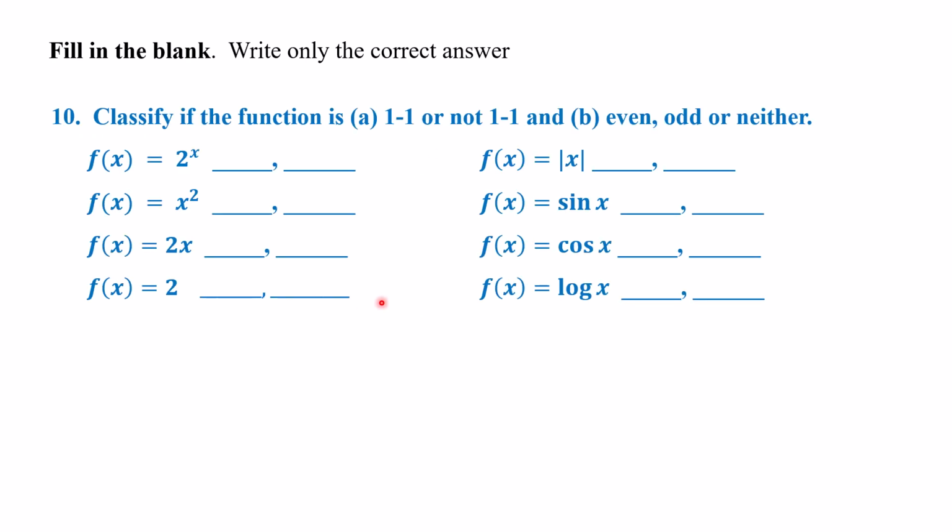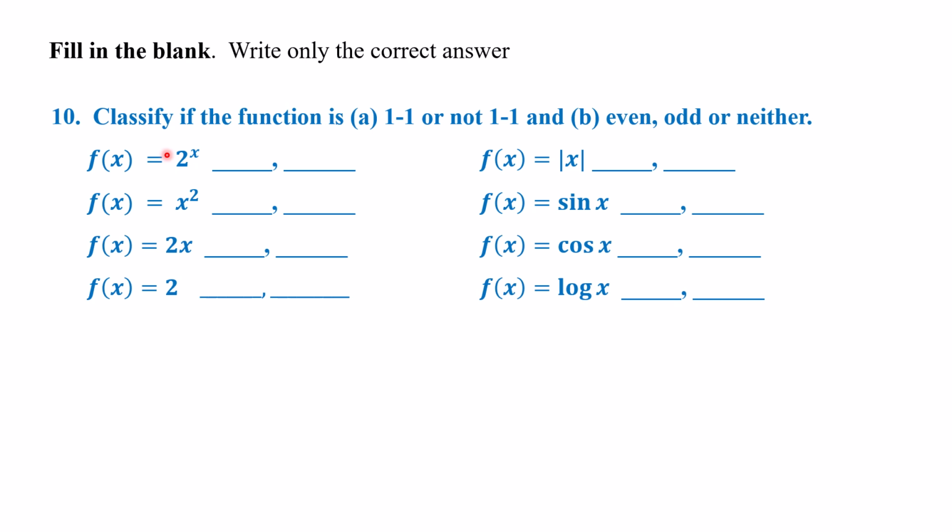Now the next question is, classify if the function below is A, one to one or not one to one, B, even, odd, or neither. On the first blank, we have to identify whether it's one to one or not. And for the second blank, we have to identify whether the function is even, odd, or neither.